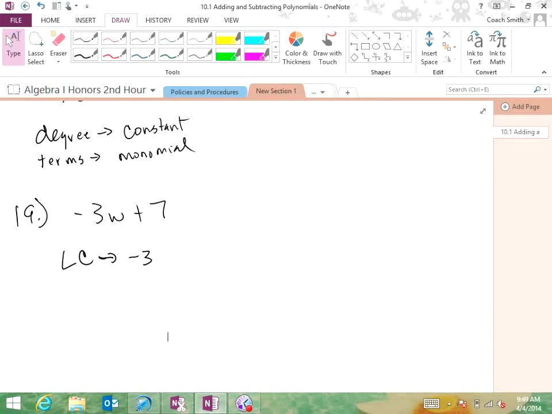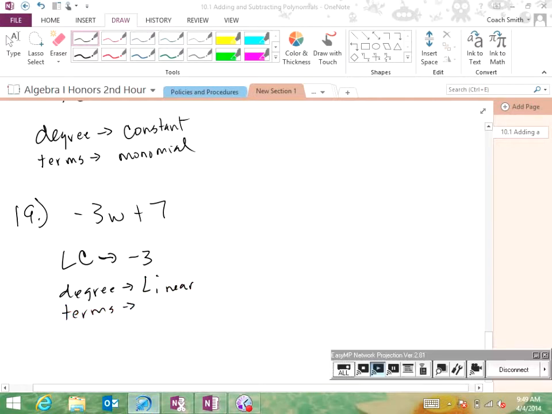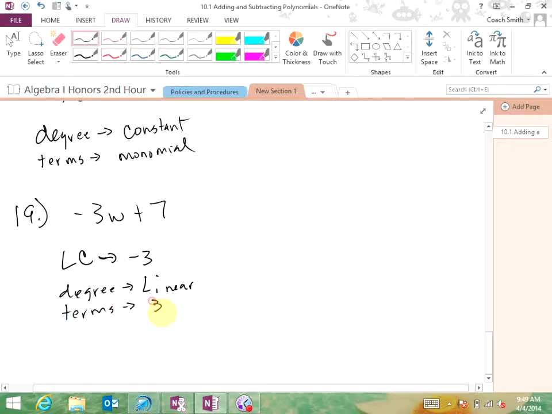The next one they ask us to do is classify the polynomial by its degree. What kind is that? Linear. The next one is by its terms, and what is that? Binomial.